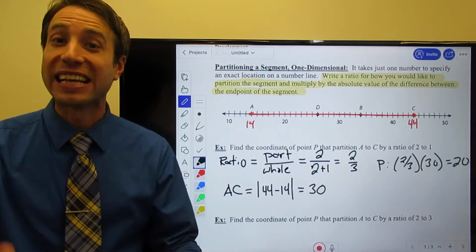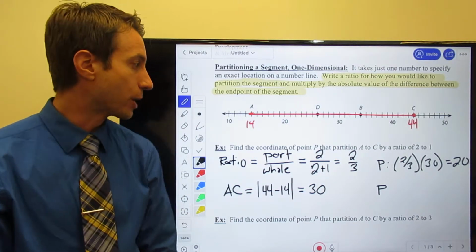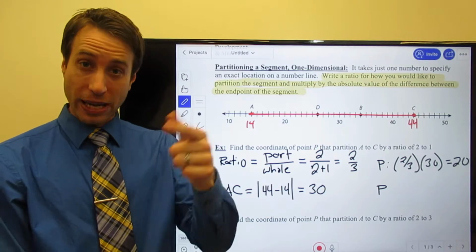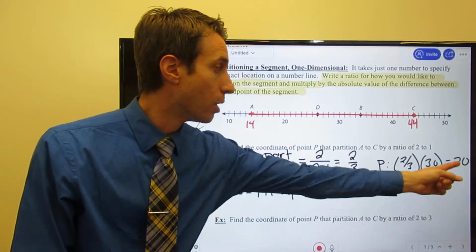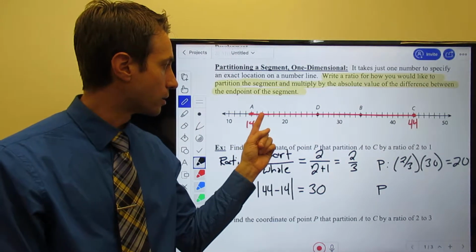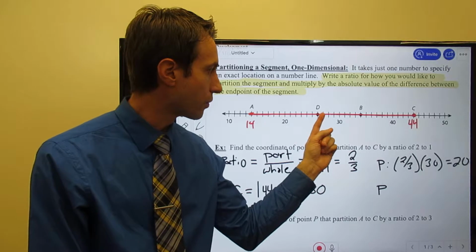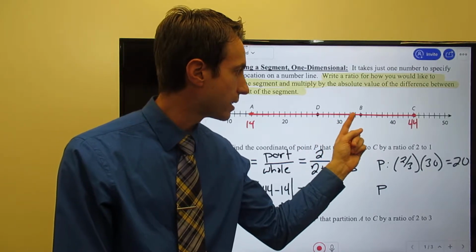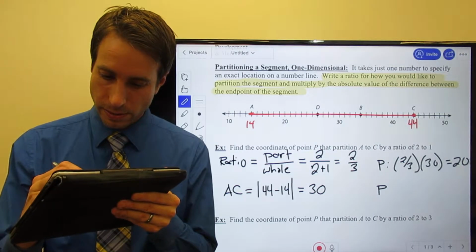Okay, now let's find where that point P is. Okay, here we go. Well, I know that, starting at A, to get my 2 parts, I need to go 20 spaces. So 1, 2, 3, 4, 5, 6, 7, 8, 9, 10, 11, 12, 13, 14, 15, 16, 17, 18, 19. Woo! 20 spaces.